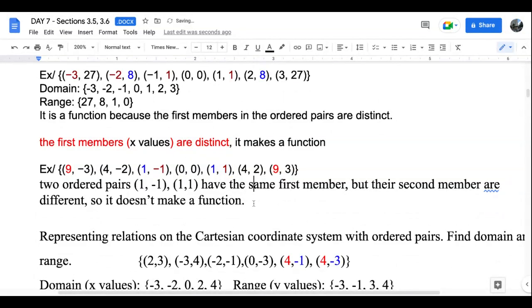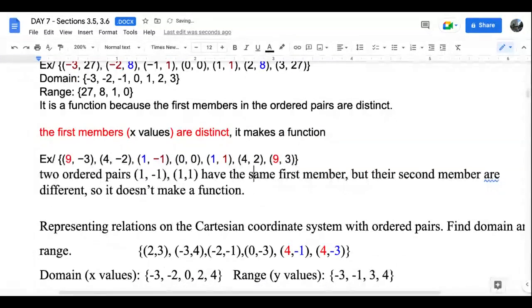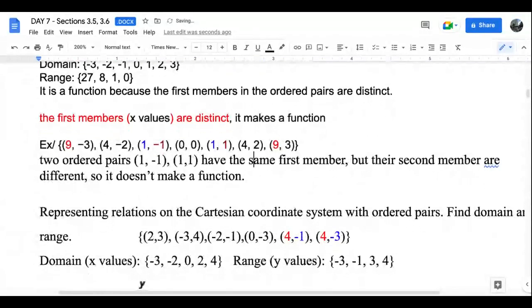But in any case, we could talk about the domain. Domain is just the values of the first members, right? So let's put over here the domain. We have 9, 4, 1, 0, 4.